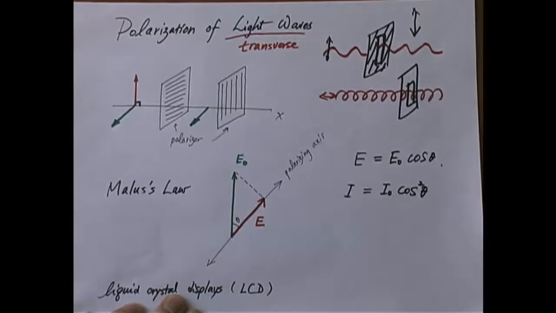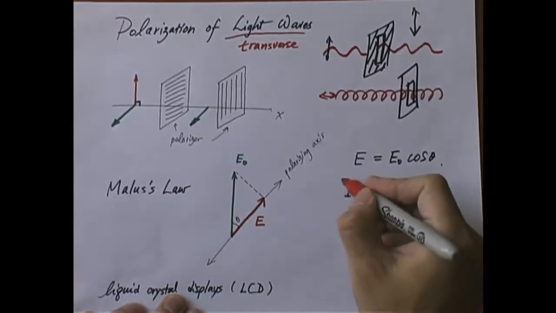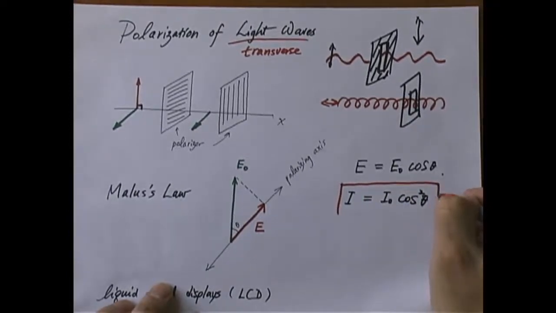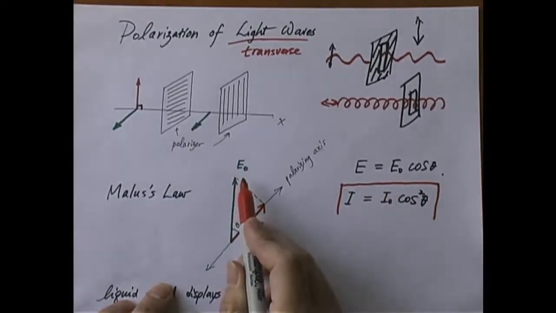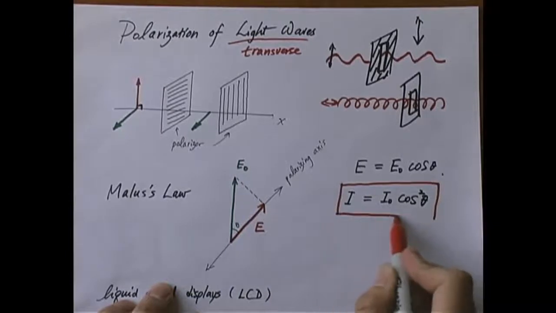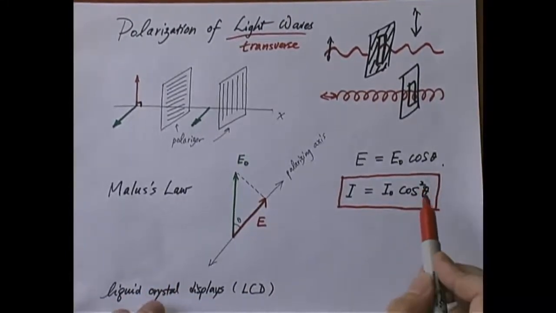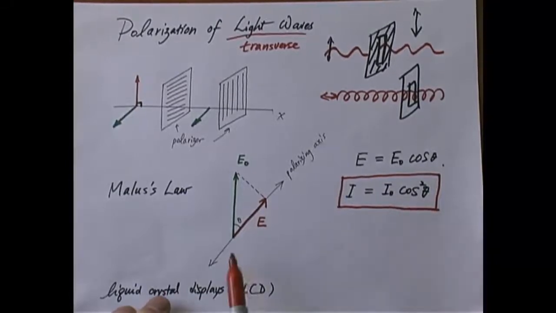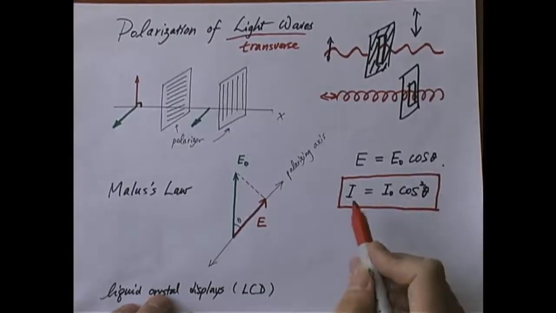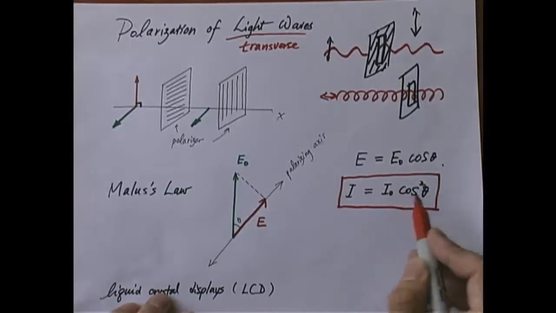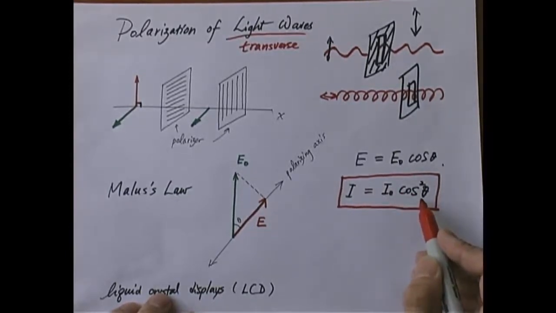This tells us that when a polarized beam of light goes through a polarizer, which has its axis at an angle theta away from the original polarization direction, then the intensity after emerging from the polarizer is the original intensity times a factor of cosine squared theta.